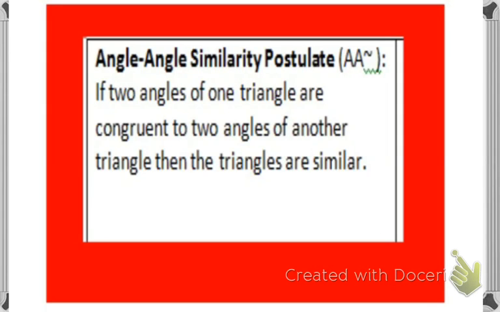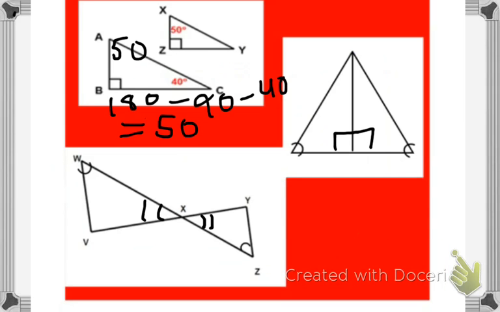So now we'll look at the angle similarity postulate. If two angles of one triangle are congruent to two angles of another triangle, then the triangles are similar. We'll look right here, and we have a right angle on triangle ABC, and we have another one that's 40 degrees. And we have XZY, we have a right angle at Z, and we have 50 at X. So you should know that every triangle equals 180 degrees.